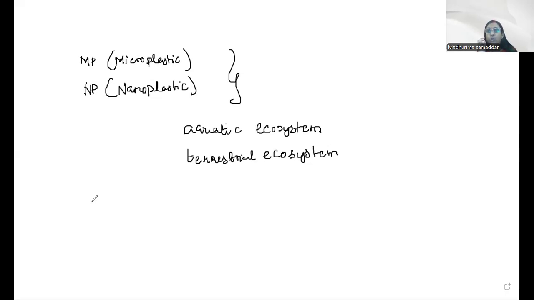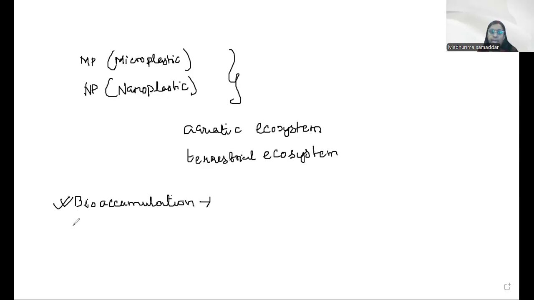So, as I was telling, it is a threat for our environment or ecosystem because microplastic or nanoplastic has the potential of bioaccumulation, followed by biomagnification. So what is that? It enters inside the living organism through the biological membrane, that is bioaccumulation.